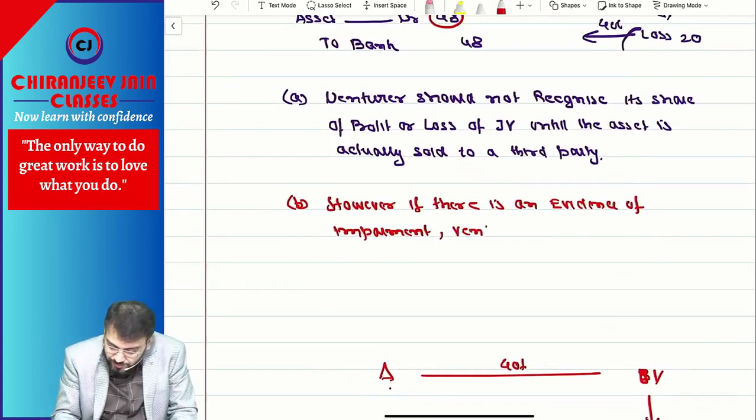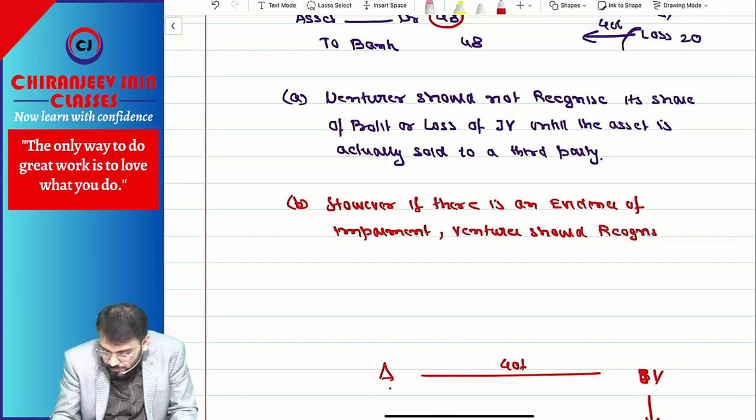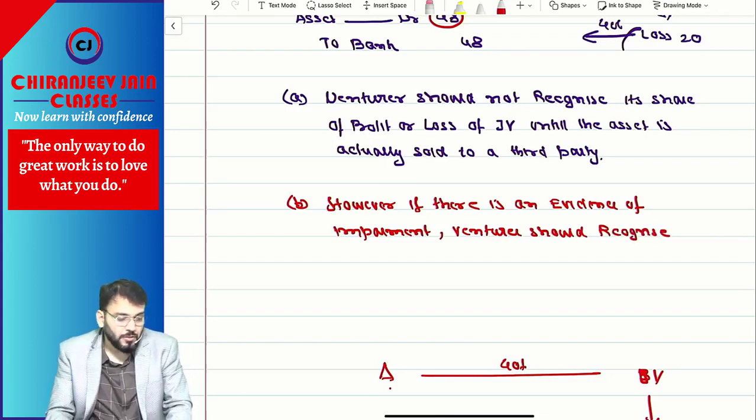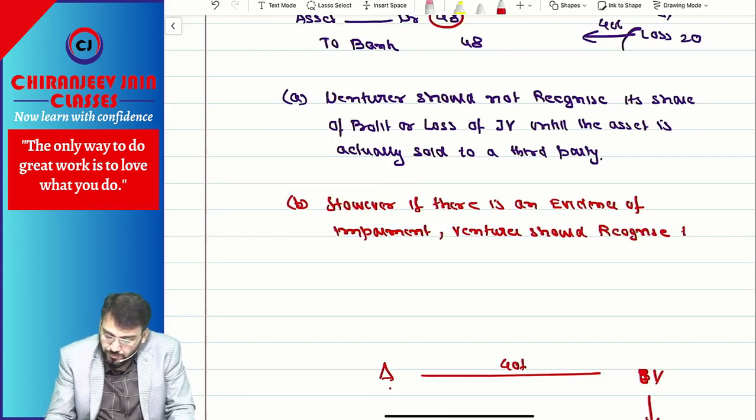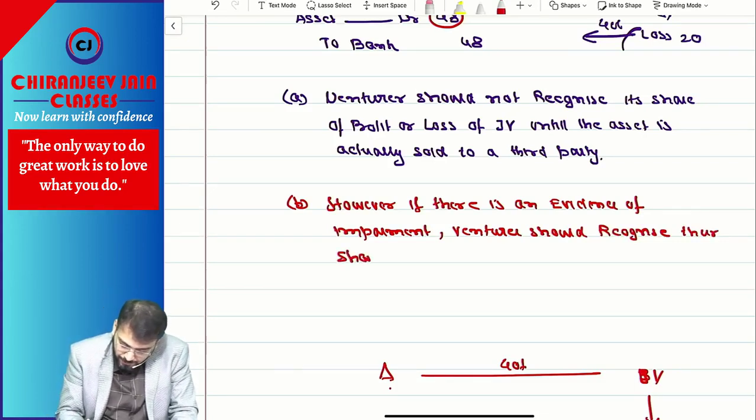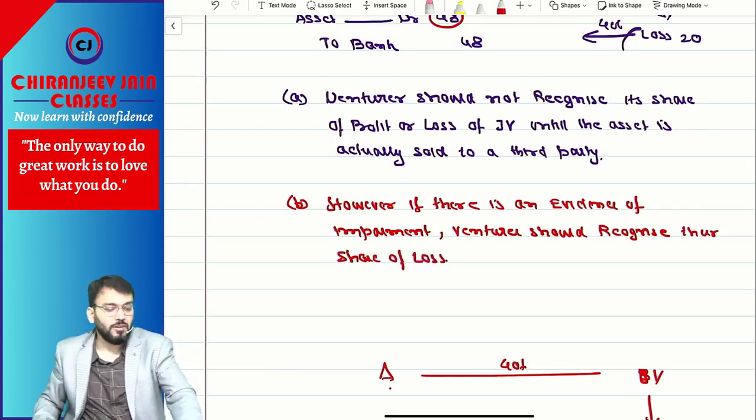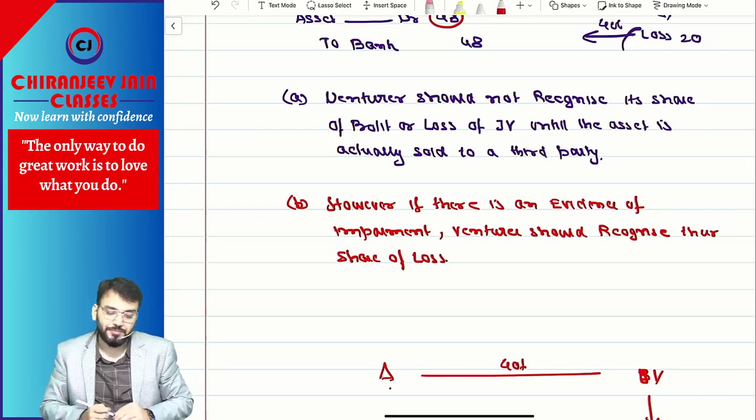Then the venturer should recognize their share of loss, not gain. Only loss. Now have you understood this point? Yes, sir.